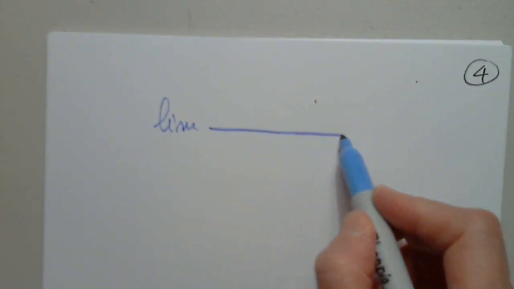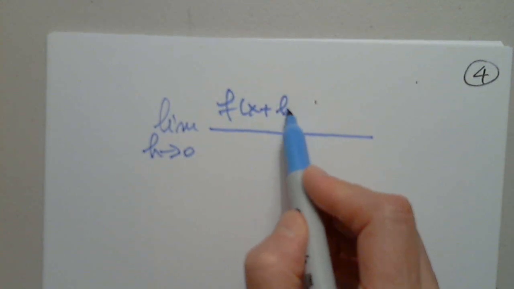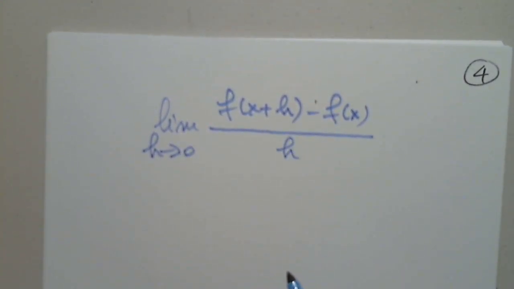So when we put together the limit as h approaches 0 of f of x plus h minus f of x, divided by h. Is this better? Yes. Okay, perfect.